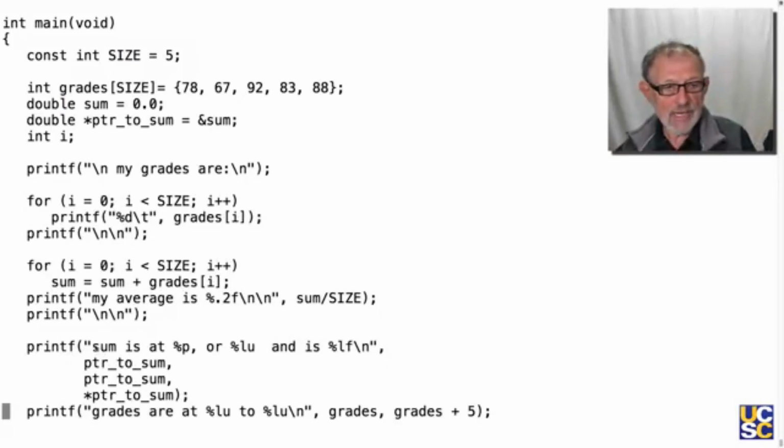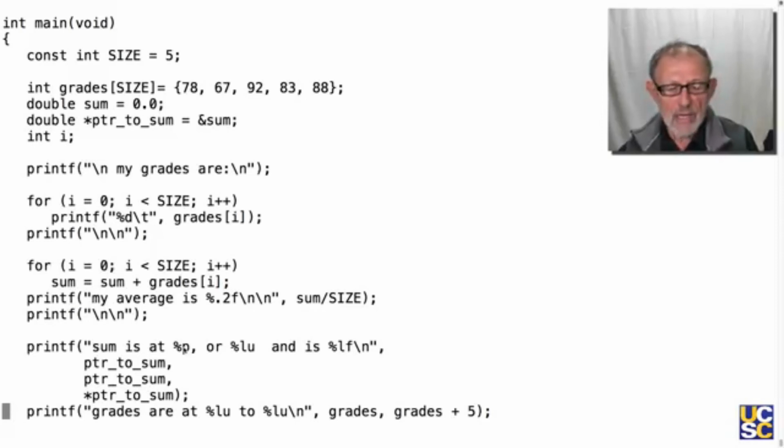So I'm going to print out sum is at %p, the format for a pointer address. And a pointer address on a modern machine is displayed in hexadecimal. So that's not something you're used to.